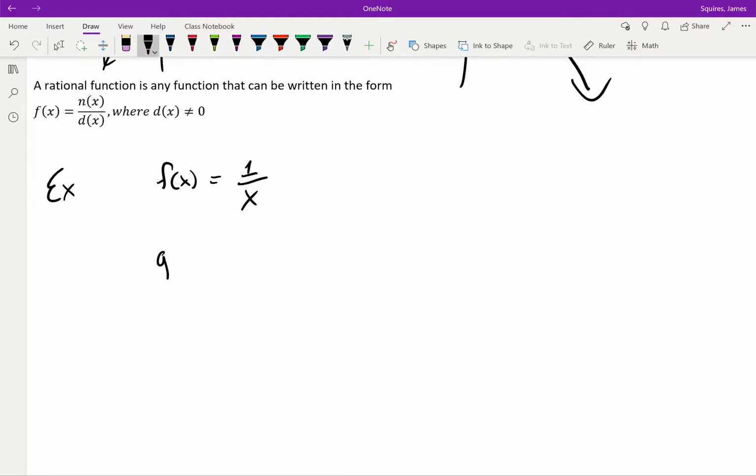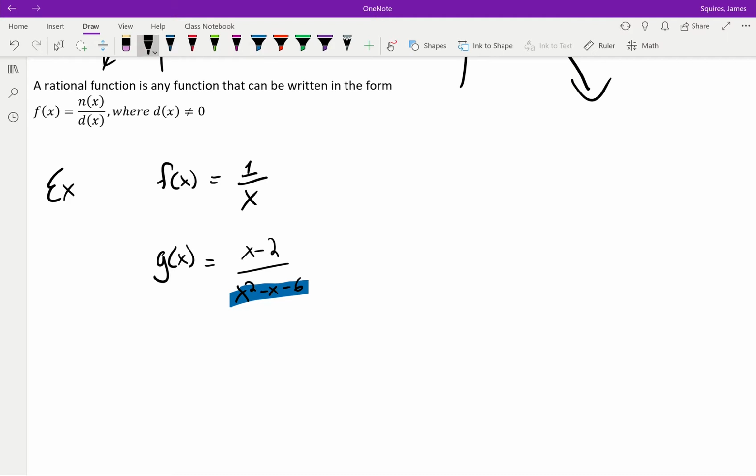Or maybe we'll have another example of a rational function, g of x equals x minus 2 divided by x squared minus x minus 6, where n of x equals x minus 2 and d of x equals x squared minus x minus 6. And note, just a little preview, that when the denominator can possibly be factored, that's probably a good indication that we'll probably need to be doing that.